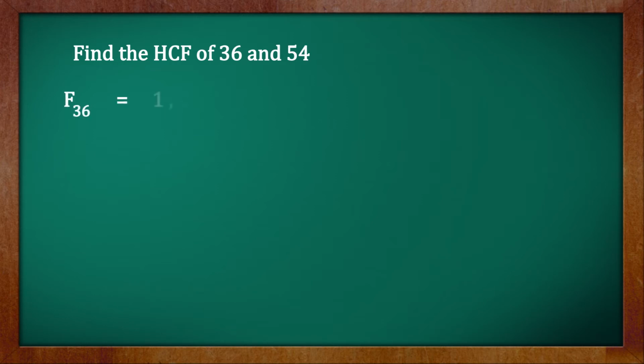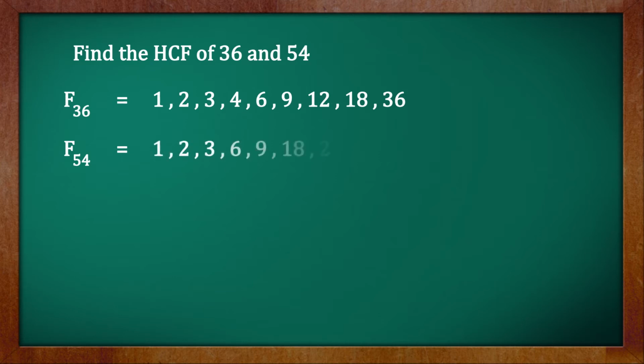Now, let us find the HCF of 36 and 54. The factors of 36 or F36 is equal to 1, 2, 3, 4, 6, 9, 12, 18 and 36. And the factors of 54 or F54 is equal to 1, 2, 3, 6, 9, 18, 27 and 54.